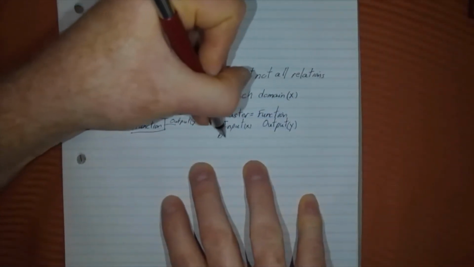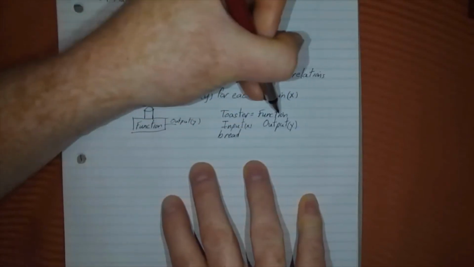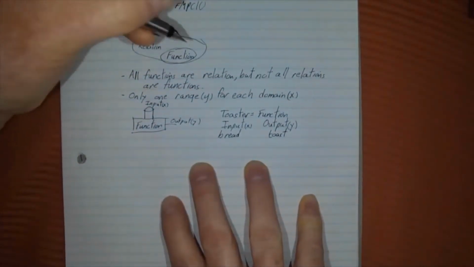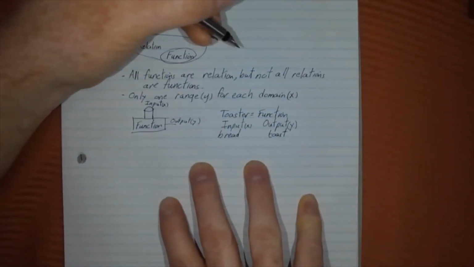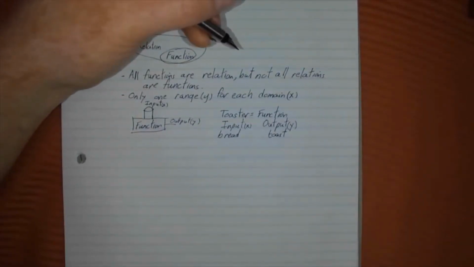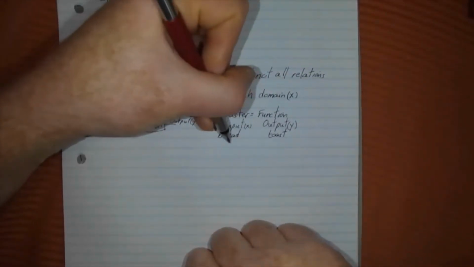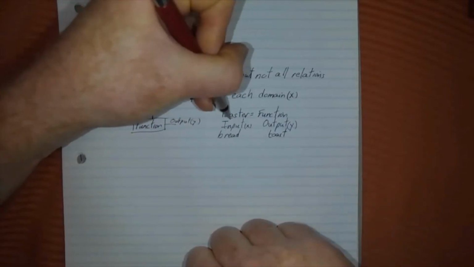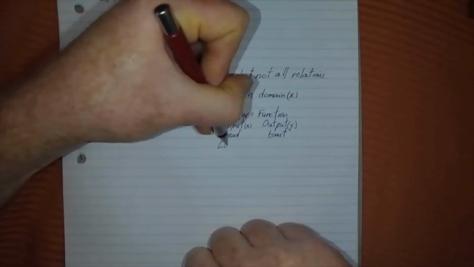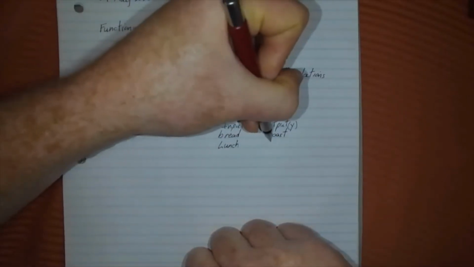If I input bread, I get toast. A function has to be something that gives a specific thing. So, toaster oven. If I put in my lunch, I'm going to get warm lunch.